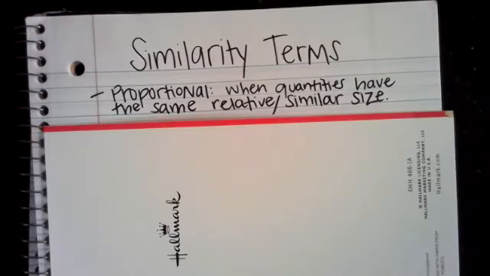So you could say that the recipe for 12 cookies and the recipe for 24 cookies are proportional to each other. They're not exactly the same recipe, but they have to be a relative or similar amount of ingredients based on how much it is for a certain amount. I hope that made sense.